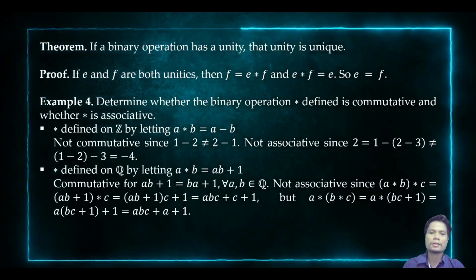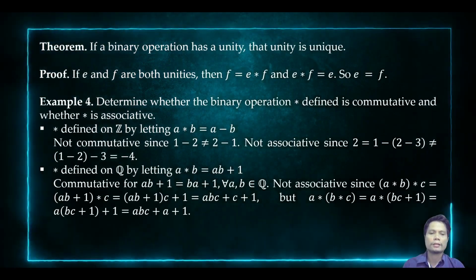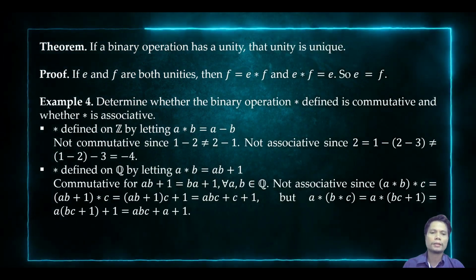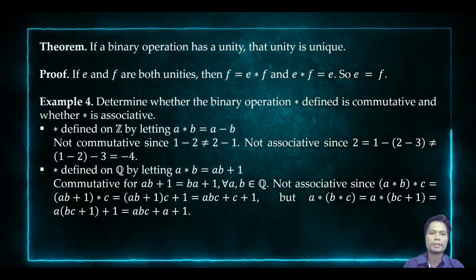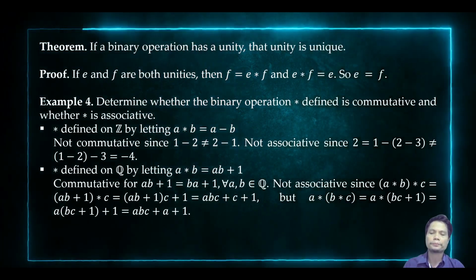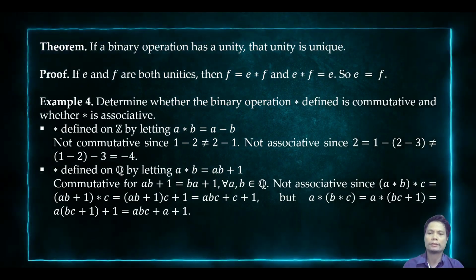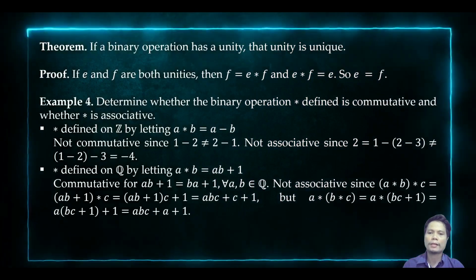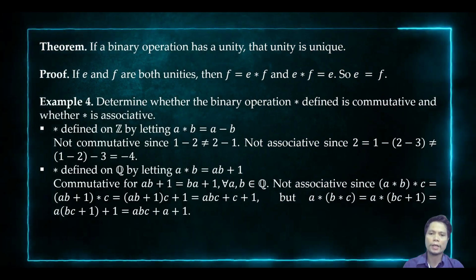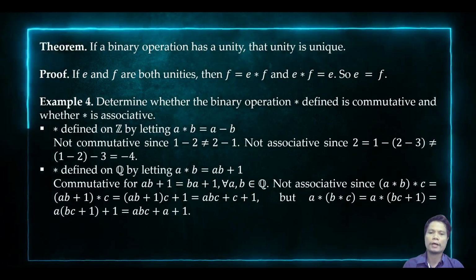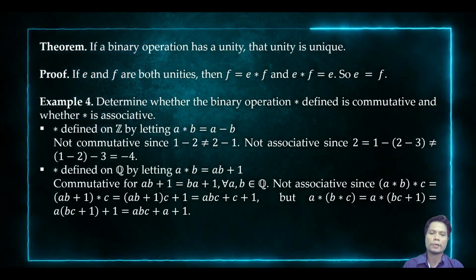This is not associative since the quantity a binary operation b binary operation c is equal to ab plus 1 binary operation c. Then that will be ab plus 1 times c plus 1. To simplify, that will be abc plus c plus 1.